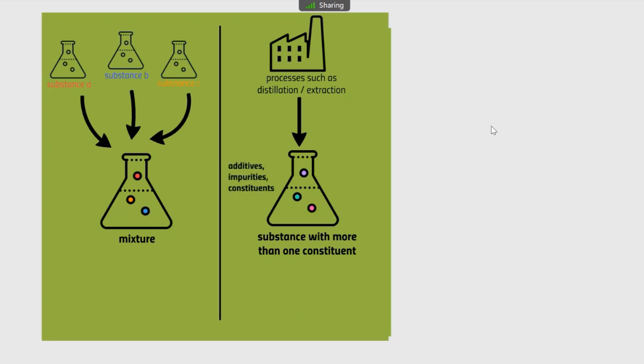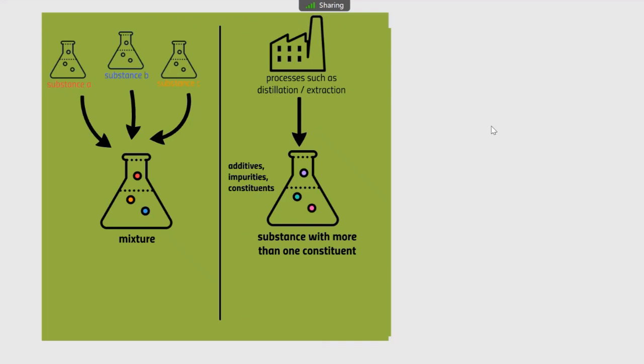And the substance contains, for example, additives that keep the main constituent stable, or it also contains constituents that are impurities. These are present in really low concentration in the substance. Or it is a substance that has multiple constituents and looks more like a mixture but is not.